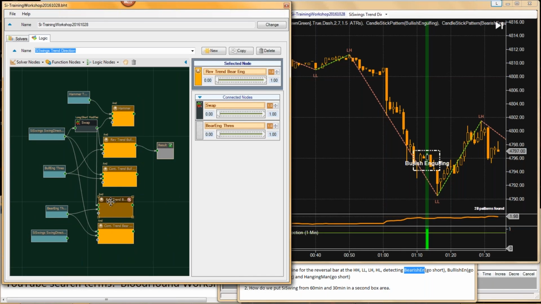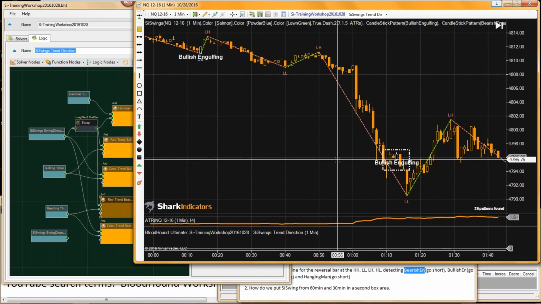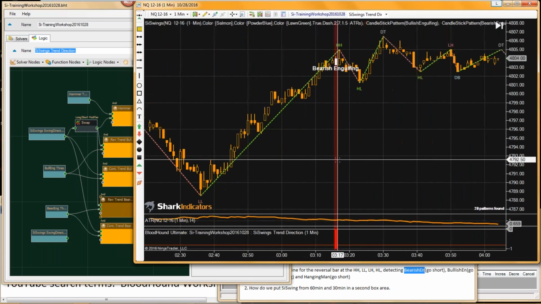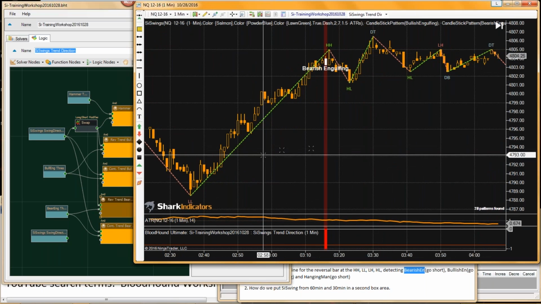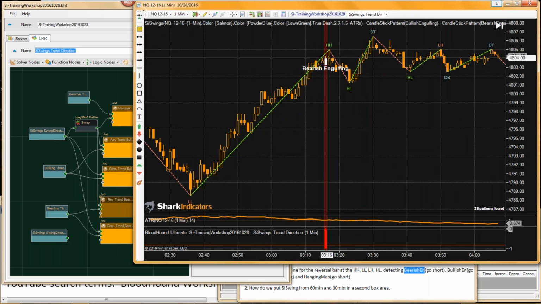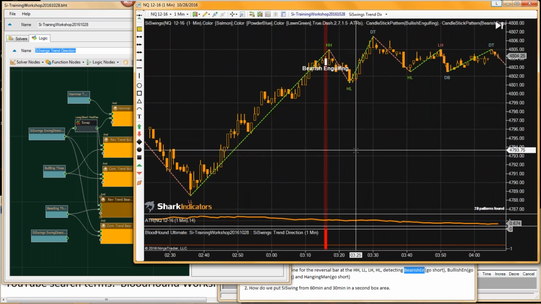All right, so there, now I've got all these AND nodes connected up. Let's take a look, see if we can find a reversal trend, bearish engulfing. There we go. All right, so we're in an uptrend, and then we got a bearish engulfing, and hopefully looking for a little reversal trend there.